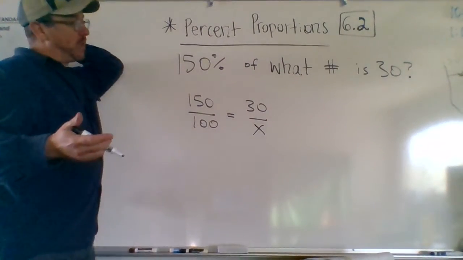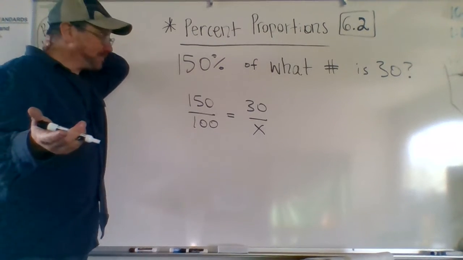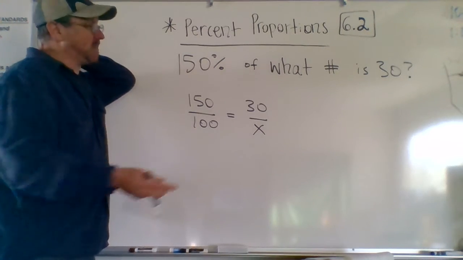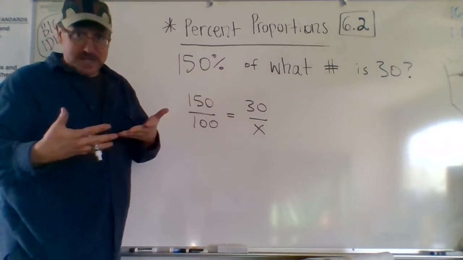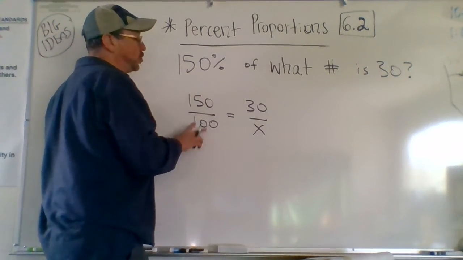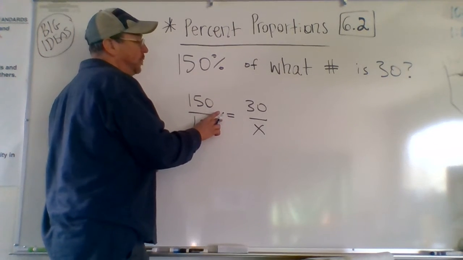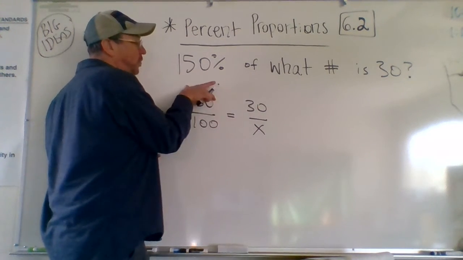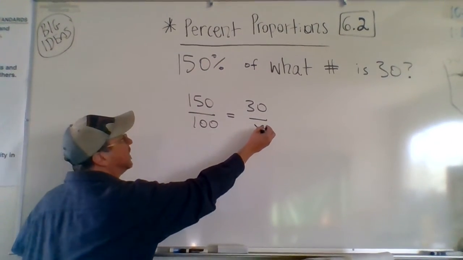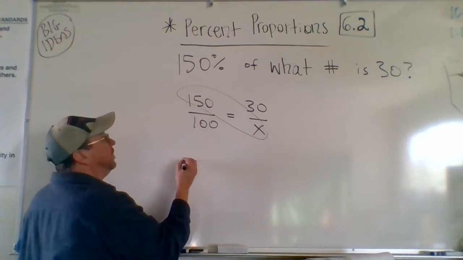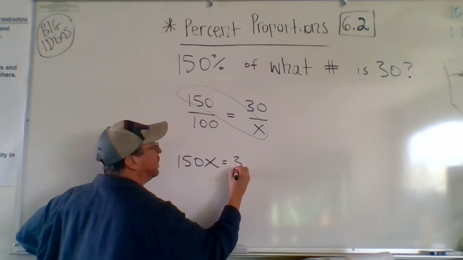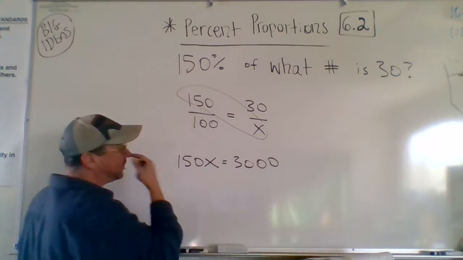So here we're at this step. One of the strategies we talked about last time was cross products. When you're solving proportions, there is this method. We looked at it last week. It does work. It's an algorithm. It's true. And we can do cross products, 30 times 100, 150 times x. So we could say with these cross products, boom, that 150x is equal to 3,000.